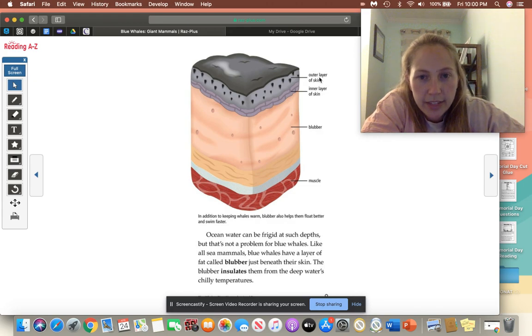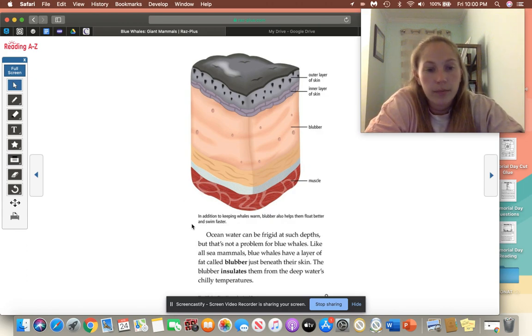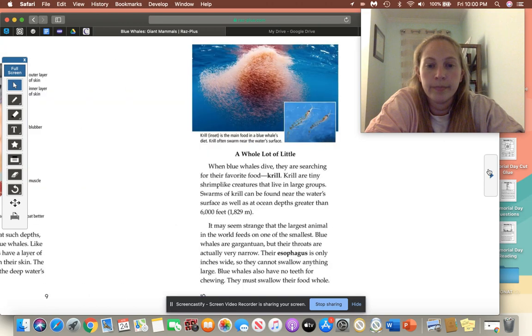We have the outer layer of skin, the inner layer of skin, and here is the blubber. Look at how thick the blubber layer is. And then we have muscle under that. So that's pretty thick. In addition to keeping whales warm, blubber also helps them float better and swim faster. That's an interesting fact I never knew.